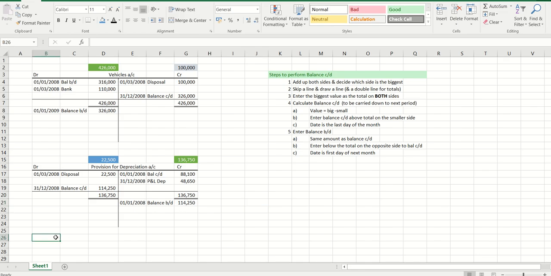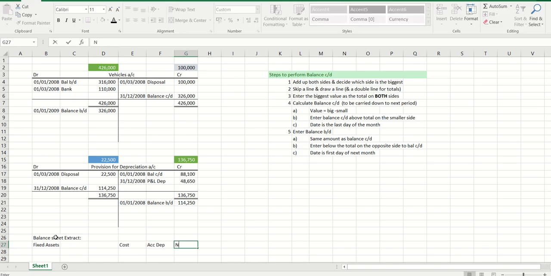If we were to do a balance sheet here for this account now, we'd have our fixed assets, 3 columns: cost, accumulated depreciation or provision for depreciation, and net book value. We've got vehicles. Our balance at the end of the year is our 326,000.